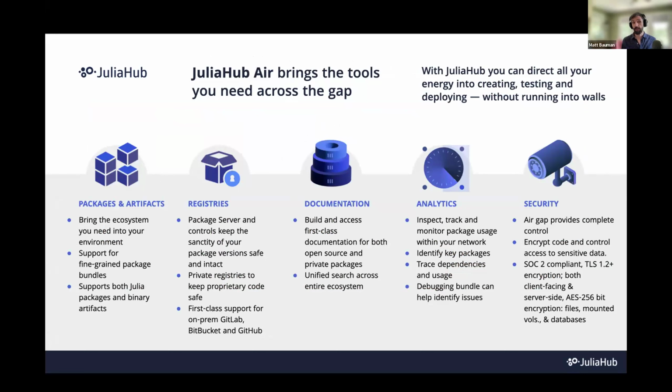You need to be able to bring the ecosystem into your environment, know exactly what you're bringing into the environment, and have support not just for Julia and Julia code, but also the third-party binary artifacts that come from other languages. Julia stands atop a great community beyond just the Julia community, where many packages from plotting to GPU compute and many things in between require DLLs and shared libraries and things like that in order to function.